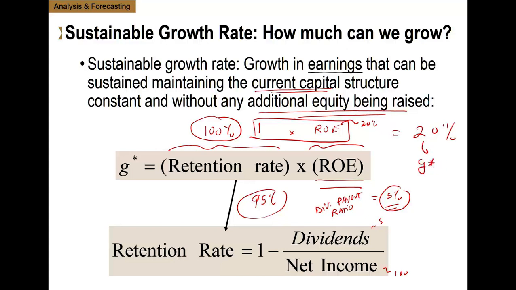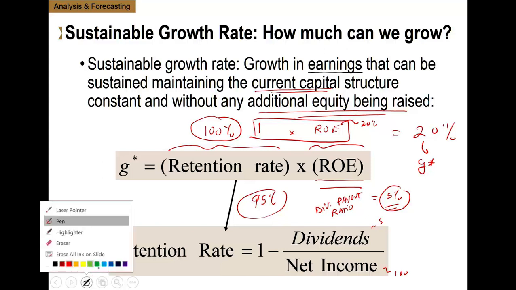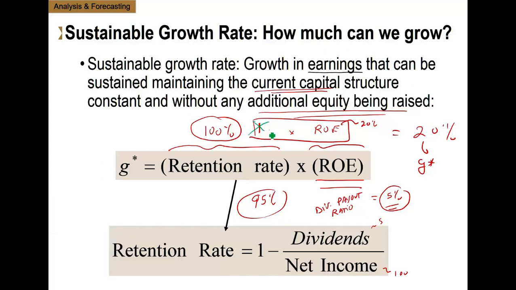If your retention rate is not 100%, but say 95% or 85%, then instead of 1, you're going to have to multiply 0.95 times your 20%. And so your sustainable growth rate will be slightly lower. Now I want to explain a little bit of the confusion here.